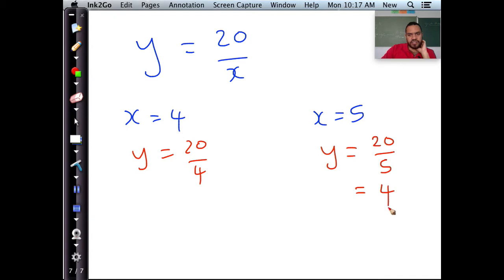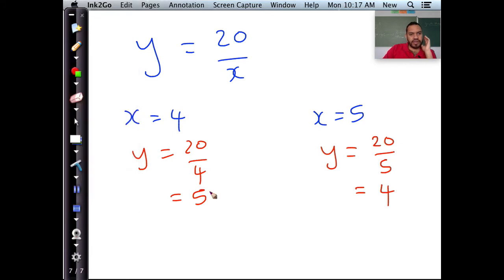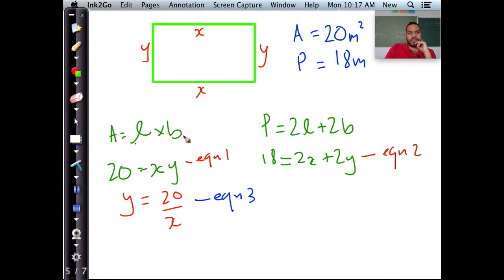And this is going to give you 5 and this is going to give you 4. So if we state these as coordinate points, we can now clearly see that this coordinate is either 4 and 5, and this one here is going to be 5 and 4. So well done.